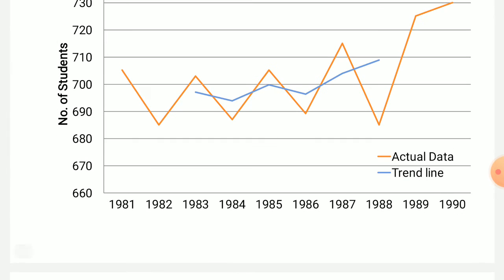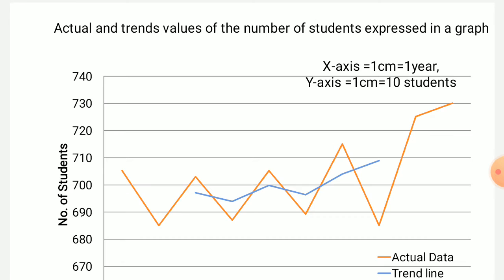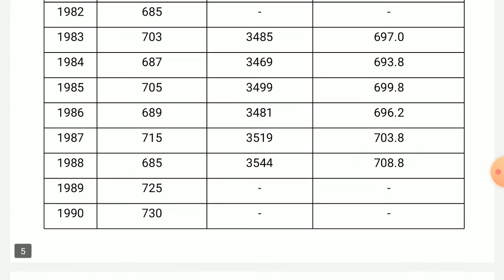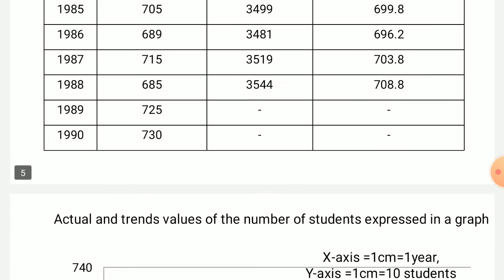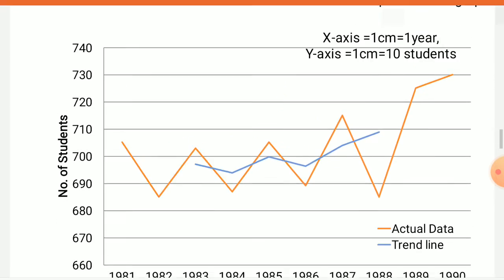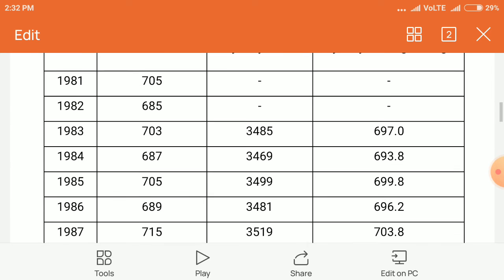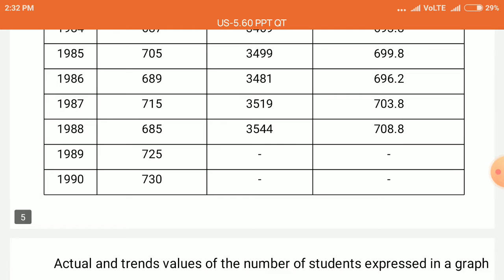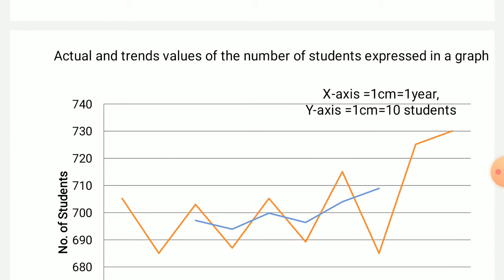So here different years are shown on the horizontal line, and the actual value is to be shown on the vertical line.